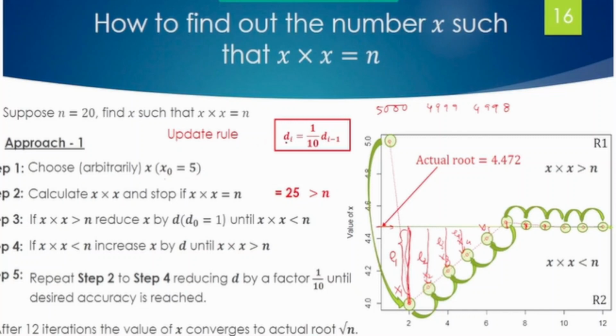In the same way, if you choose a different formula for d, instead of 1 by 10, anything which is less than 1, even 9 by 10, the same rule applies. It will go in the right direction, but it may take a little bit of extra time or extra iterations.